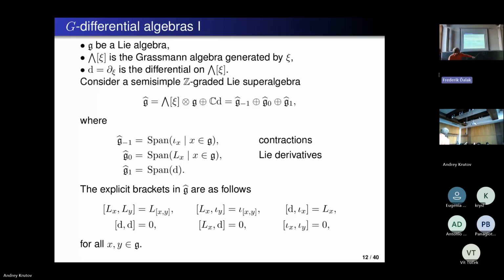And it's easy to see that the differential squares to zero. So this is not just a single element. We can play this game with small algebras, but you will construct something bigger, but then the geometrical interpretation will be, I don't know.